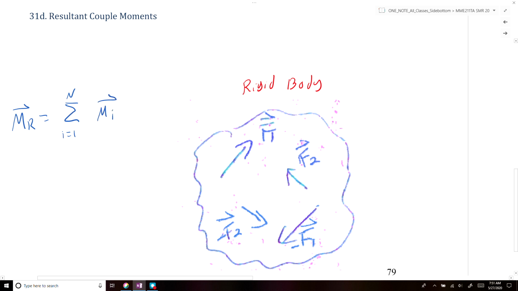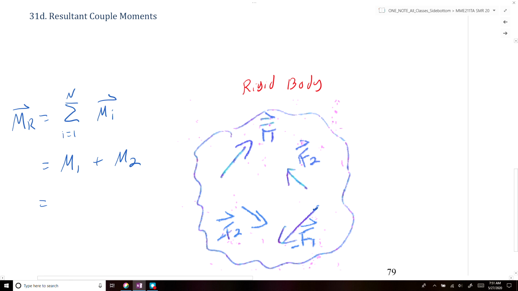For this case, our resultant moment would be equal to the couple moment due to force 1, which we'll label as M1, plus the couple moment due to force 2, which we'll label as M2. And if we wanted, we could define our position vectors.